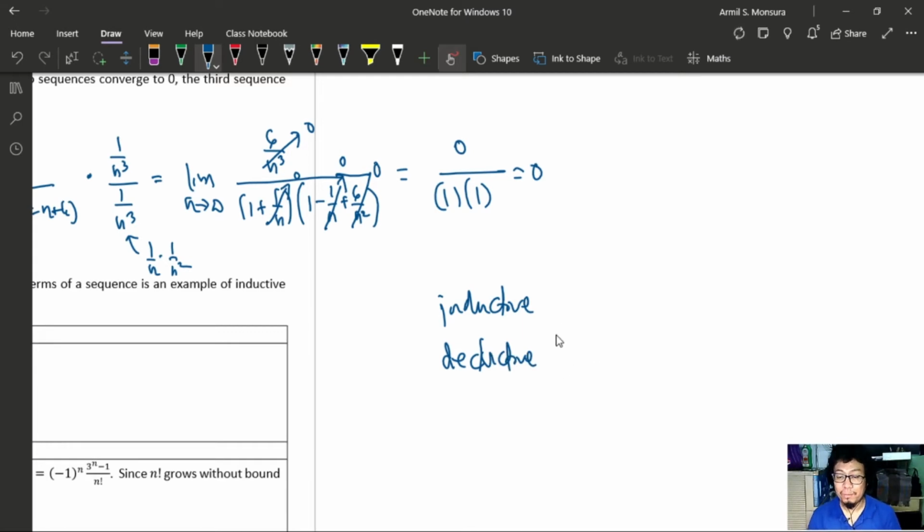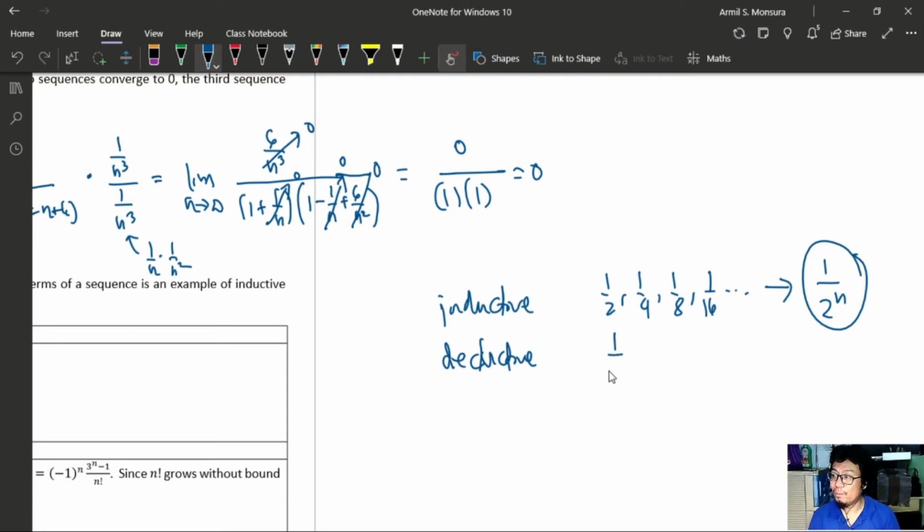If you're starting from the terms going towards the nth term, so you have 1/2, 1/4, 1/8, 1/16, and so on, and then you are able to write 1 over 2 raised to n, you're using inductive reasoning to generate this. Whereas if you're given 1 over 2 raised to n, and you're able to write 1/2, 1/4, 1/8, 1/16, you're using deductive reasoning.